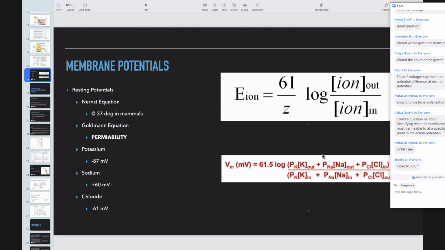So if you had all these open, you wouldn't have a potential. You wouldn't be able to polarize. You'd be constantly depolarized, but you've never repolarized. And so it's pretty much insta-death. You don't have any control. There would be zero membrane potential. It would be completely lost. So yeah, we need some things to be closed. We need some things to be constantly open. So there is control in our body.